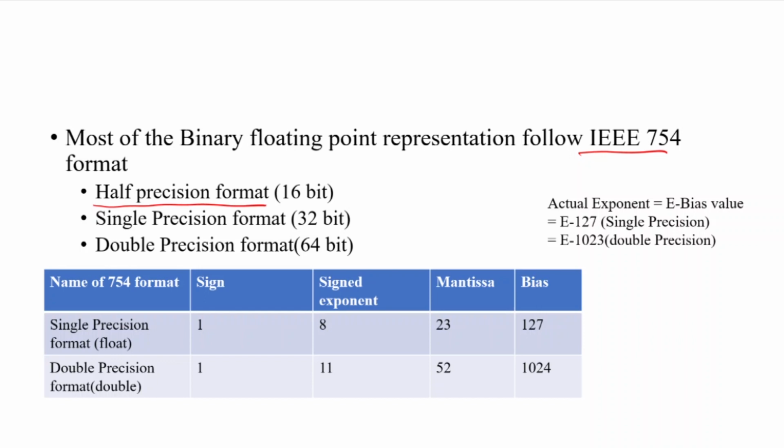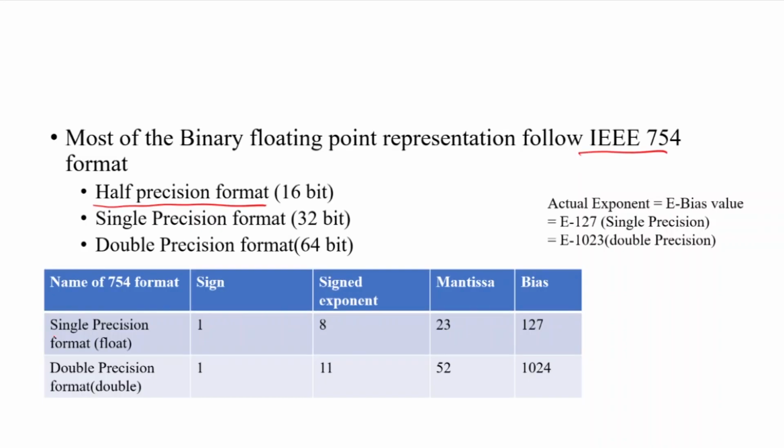Now, here we use the concept of biased exponent, meaning that for the actual exponent we take its bias. Mostly we use the single precision format and the double precision format for representing a floating point number.